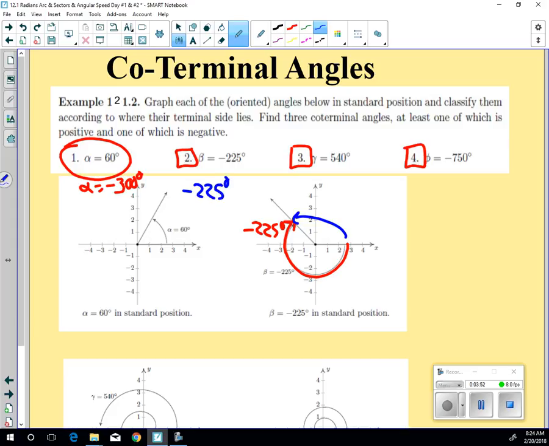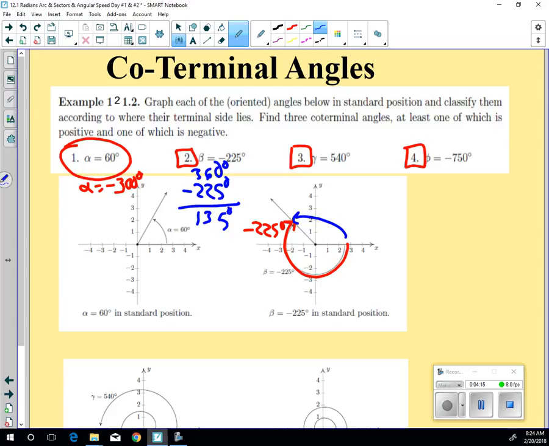What do you think, Elizabeth? Yeah, just take 360 and then subtract 225, and this is just going to be, let's see, is it 135?